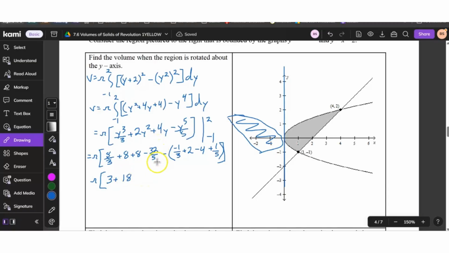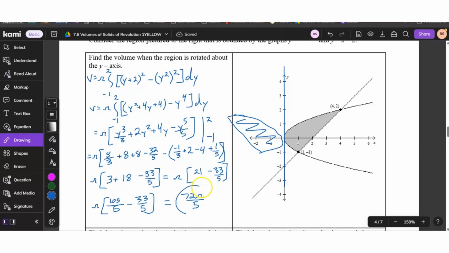And then 32/5 minus 1/5, well, that's -33/5. That's going to give me 21 minus 33/5, which means that's the same as 105 over 5 minus 33 over 5, which gives us 72 pi fifths.